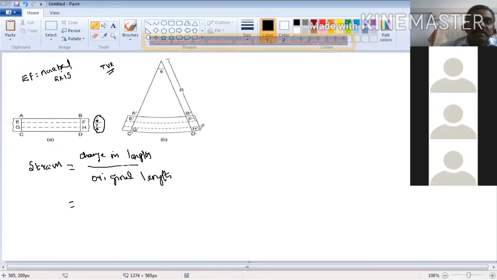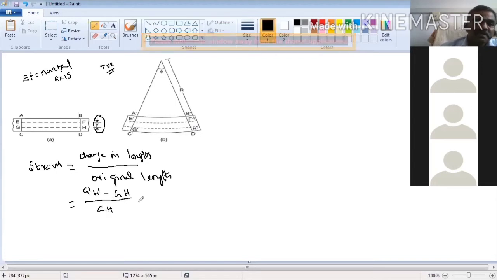After the bending moment is applied, it is G dash H dash. Then what is the change in length? G dash H dash minus GH. GH is the original length. After the bending moment is applied, it is elongated to G dash H dash. So the change in length is that. What is the original length? GH.